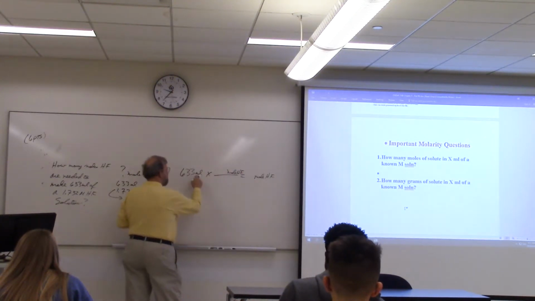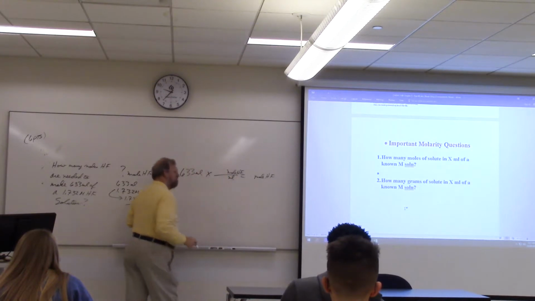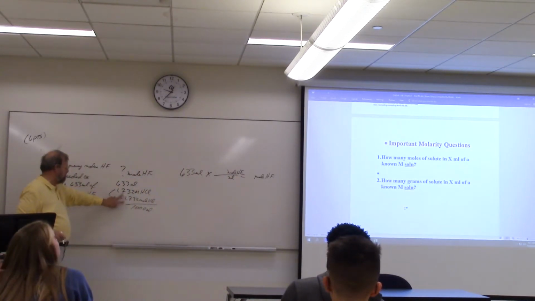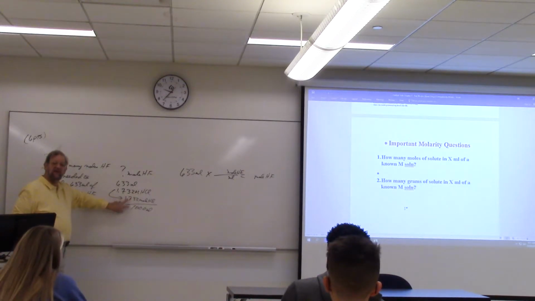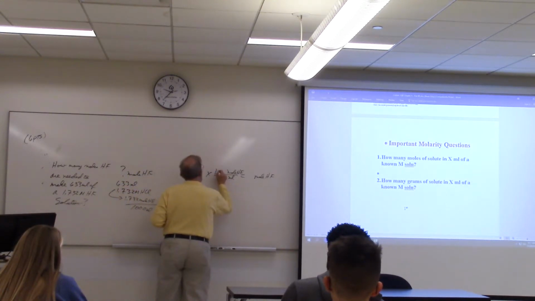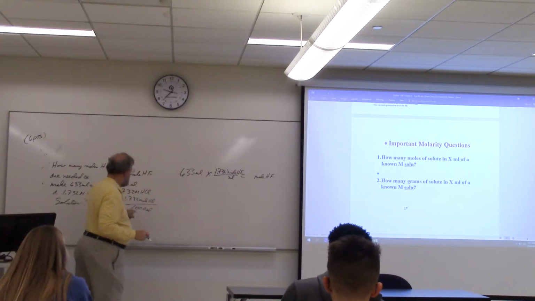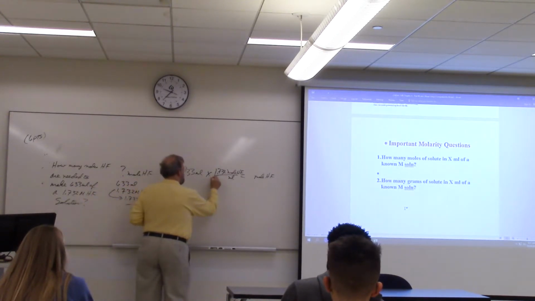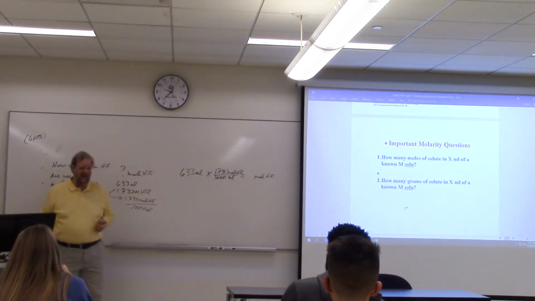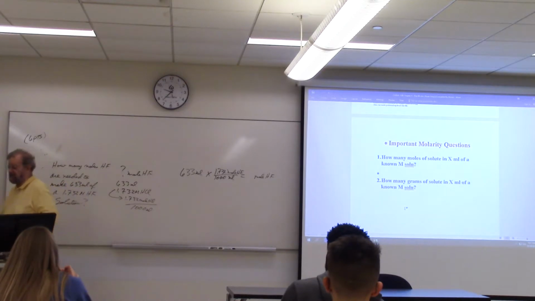When I'm trying to get rid of the units, I'll put down there. Where do I get those numbers? From knowing this, molarity means moles per 1,000 milliliters. And 1,000 milliliters goes here. Milliliters divided by milliliters becomes the number 1, cancels out, and I'm left with the right units.